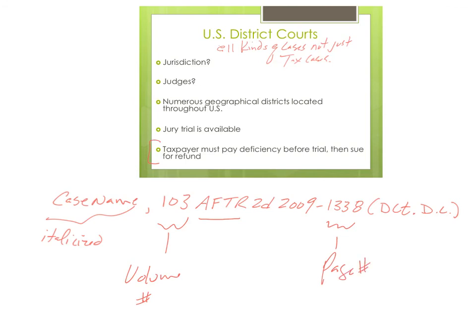That is the page number, the year of decision, and then this is District Court, D.C. All right, so that's courts.